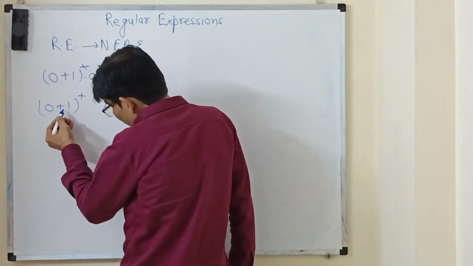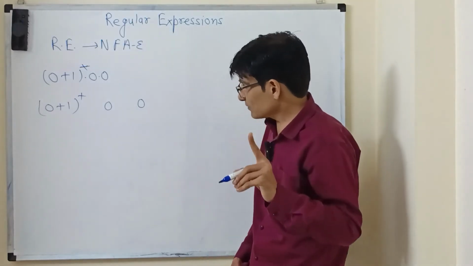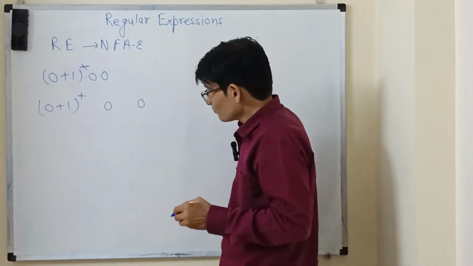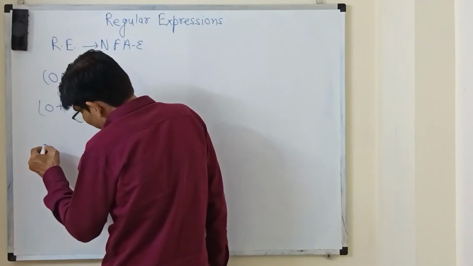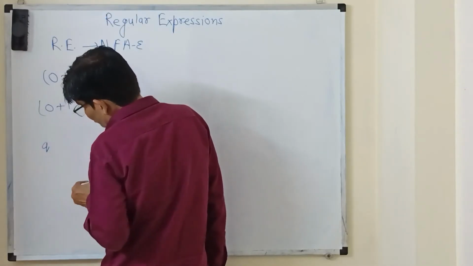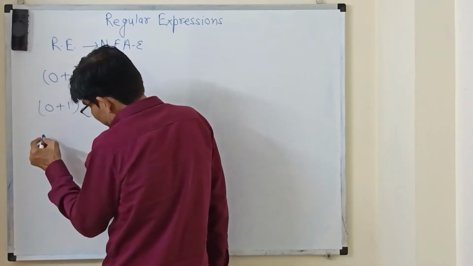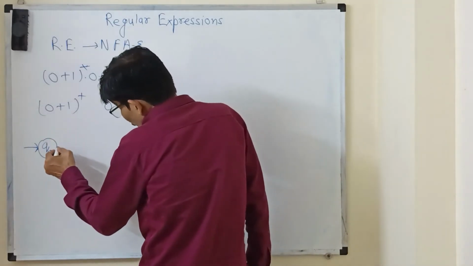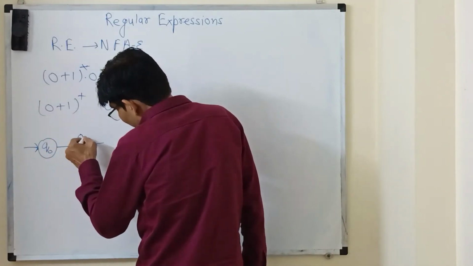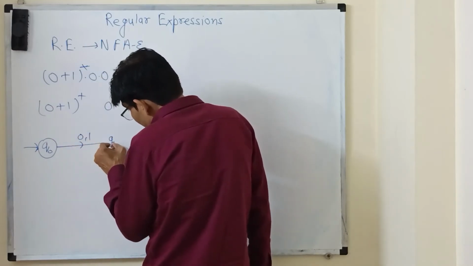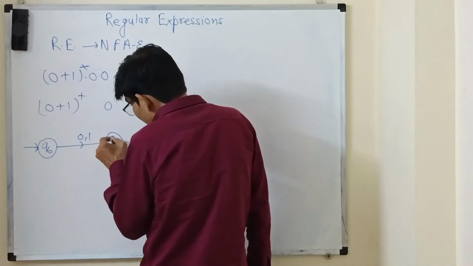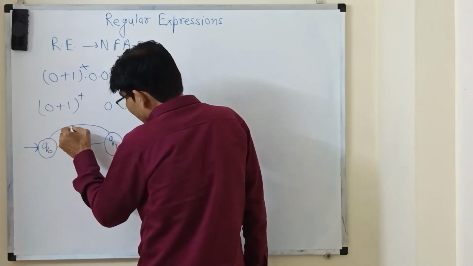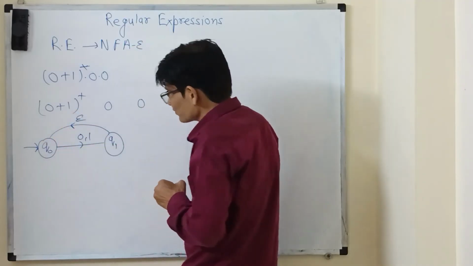This particular positive closure will have at least one symbol, either 0 or 1. So we can create a machine for this. Suppose Q0 is the initial state, and then on a single 0 or single 1 we reach Q1, and then to accept any number of zeros and ones we can go back to the initial state using epsilon transition.